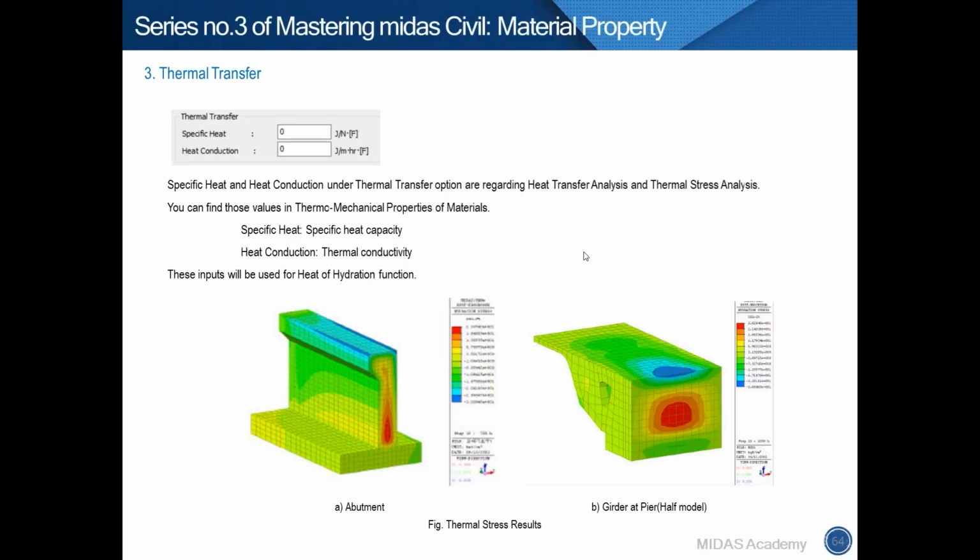Okay, so the next one is the thermal transfer option. This option will be used when we have heat transfer analysis and thermal stress analysis. In MIDAS Civil, we can do the heat transfer analysis and thermal stress analysis via the heat of hydration function.